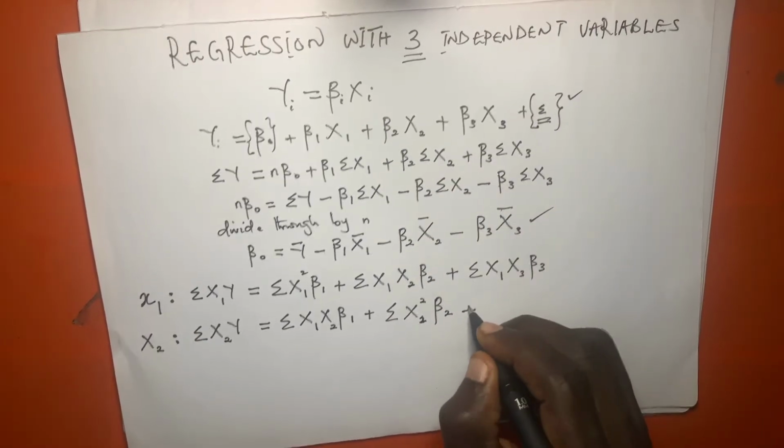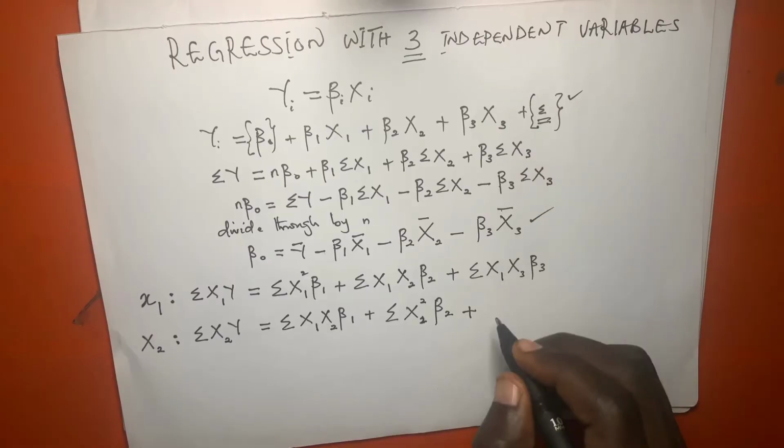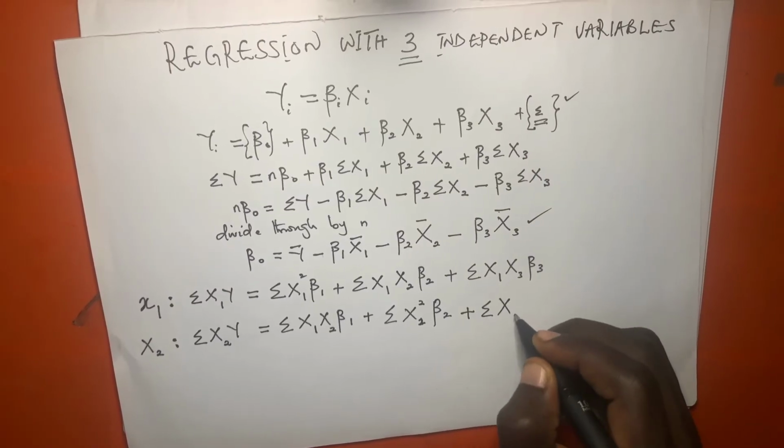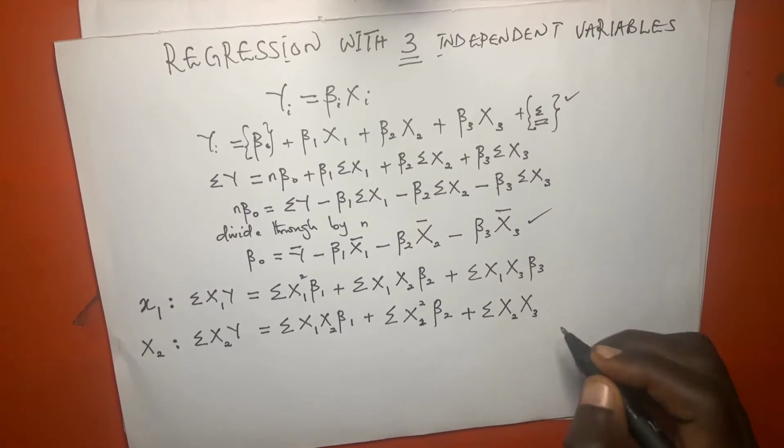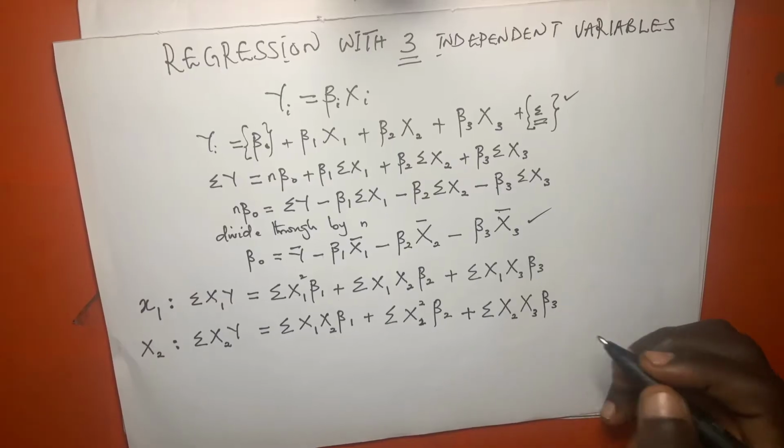Now we have a plus x2 x3, so we have a summation x2 x3 beta 3.